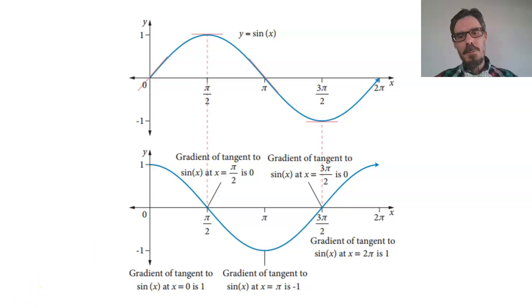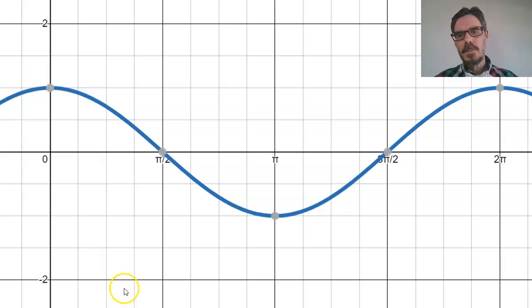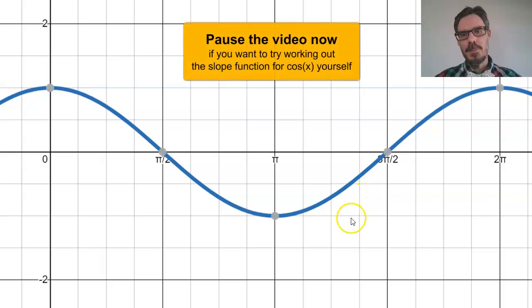Now we can do the same thing with cos x. So, here is a graph of cos x. What's the gradient? What's the slope at each point? If you think you want to have a go before I get there, pause the video and have a look.